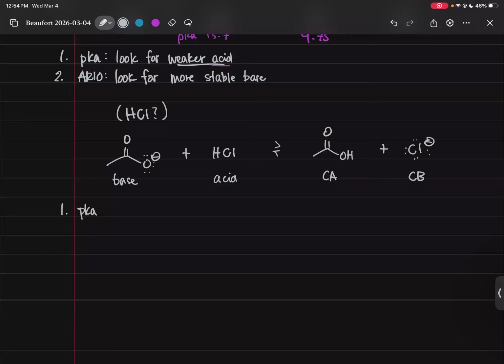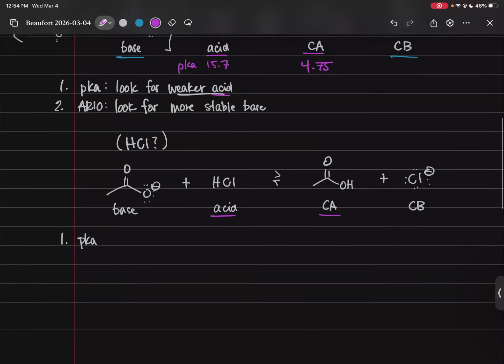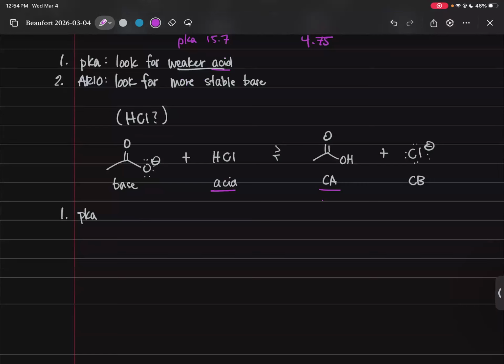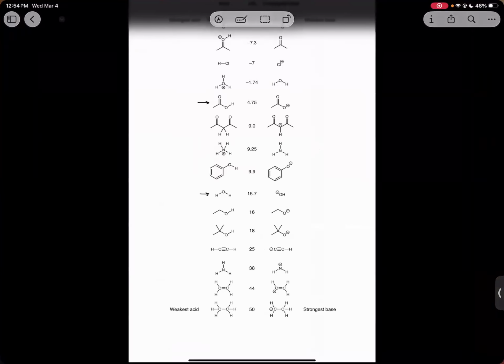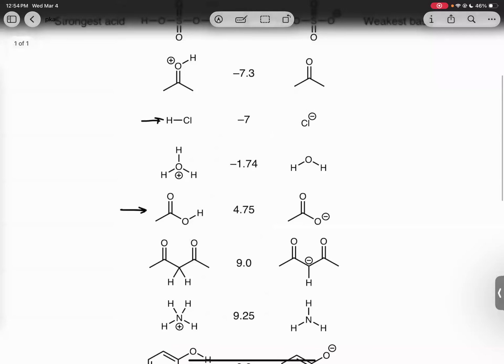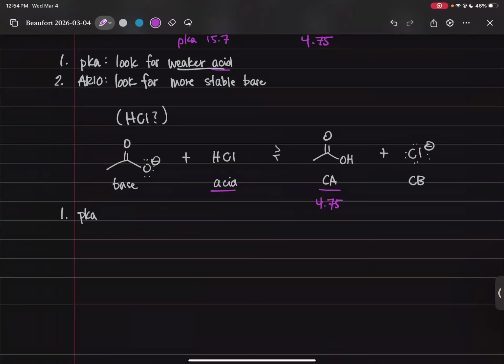So first we'll look at pKa values of the acids. Acetic acid, we already established that is 4.75. And the pKa of HCl up here is -7. Okay, equilibrium is going to favor the side with the weaker acid.